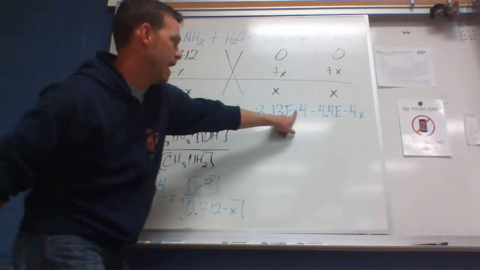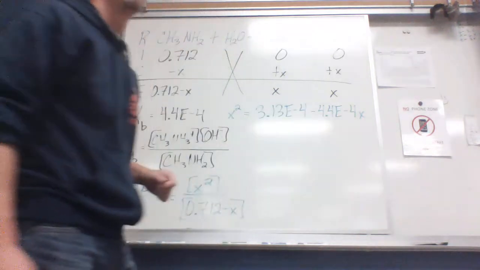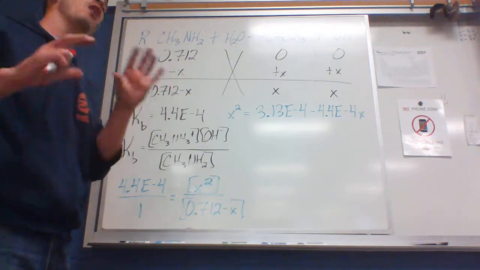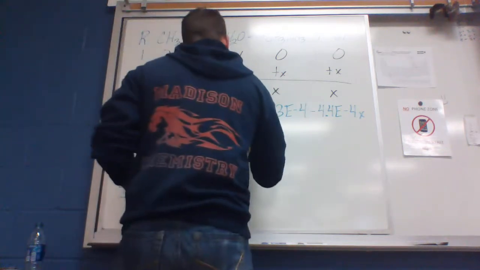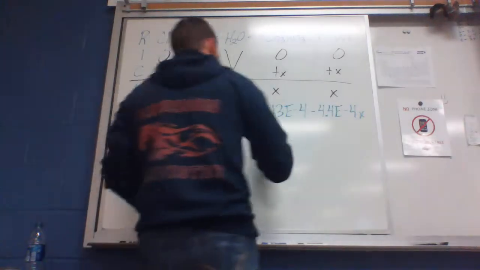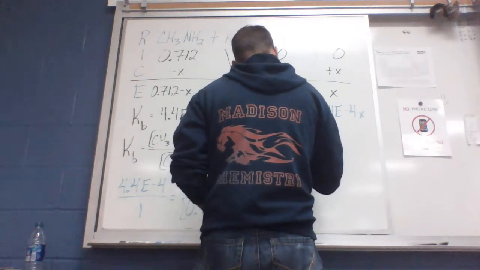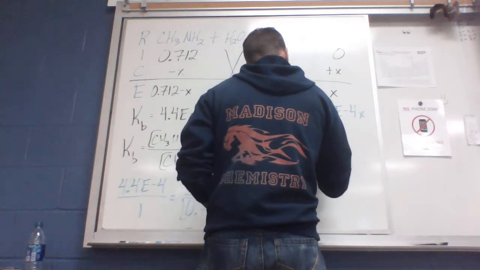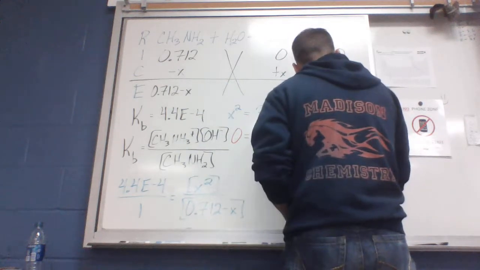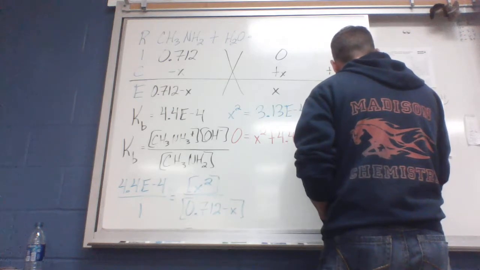So this is a negative exponent minus another expression with a negative exponent. Now, remember, for our calculator to like us, this must be a 0 equals equation. Therefore, to move everything around, it would be 0 equals x squared plus 4.4 e negative 4x minus 3.13 e negative 4.